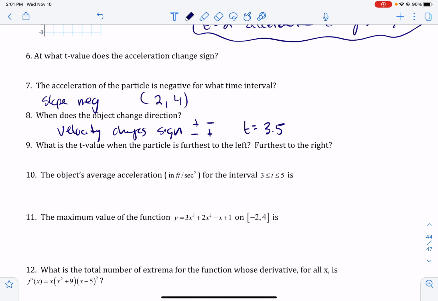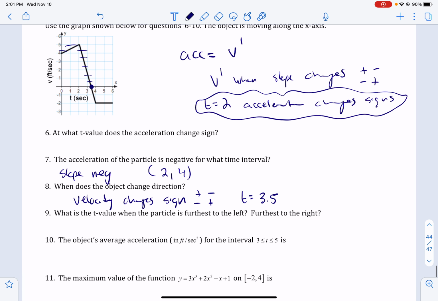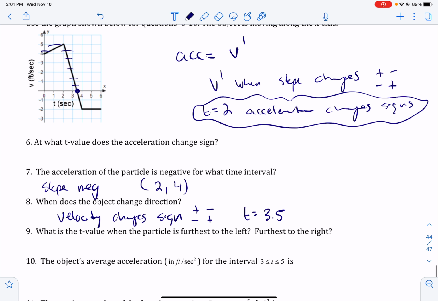Number 9, what is the t value when the particle is furthest to the left and furthest to the right? Okay, so if I'm looking at furthest to the left and furthest to the right, I'm interested in my position. When is my position furthest left, furthest right?